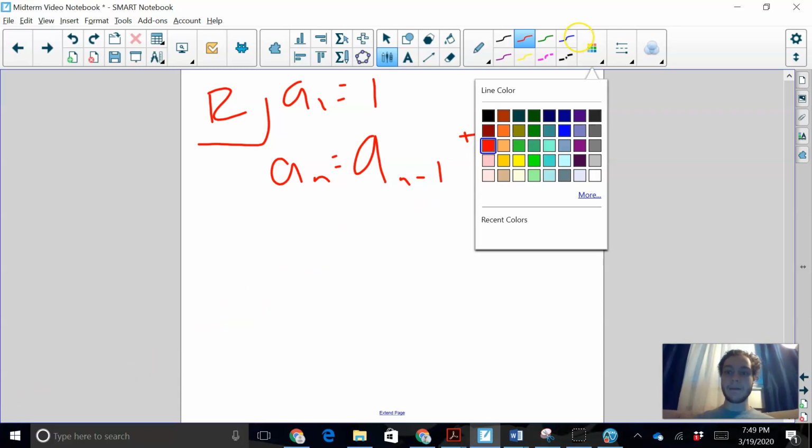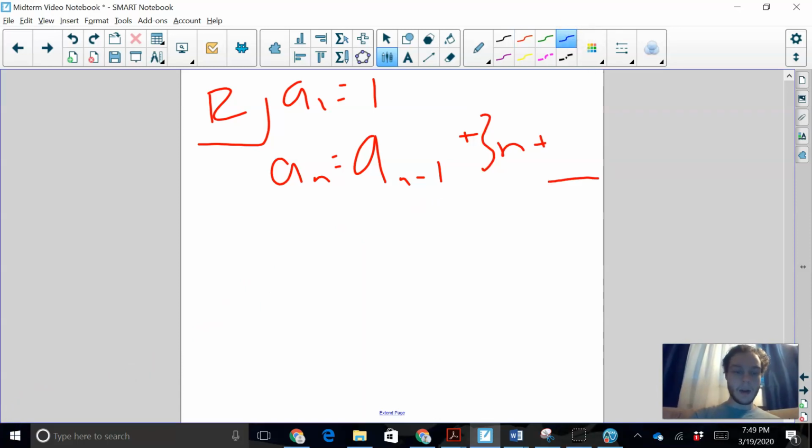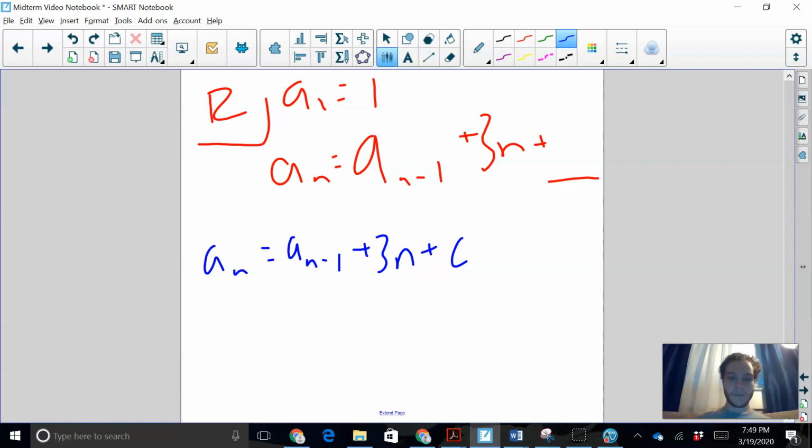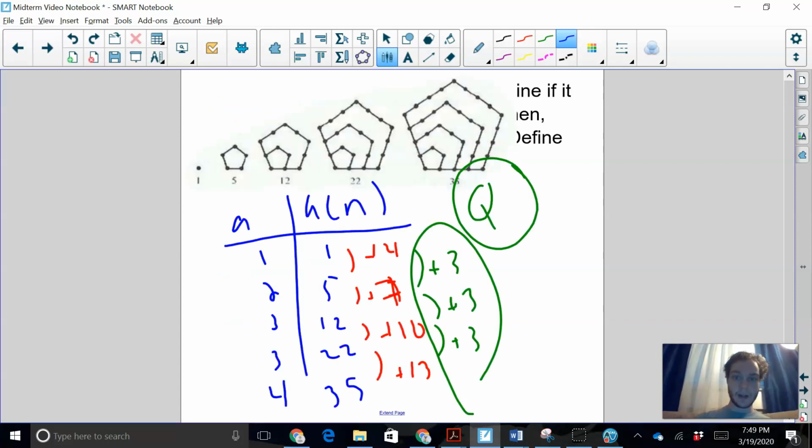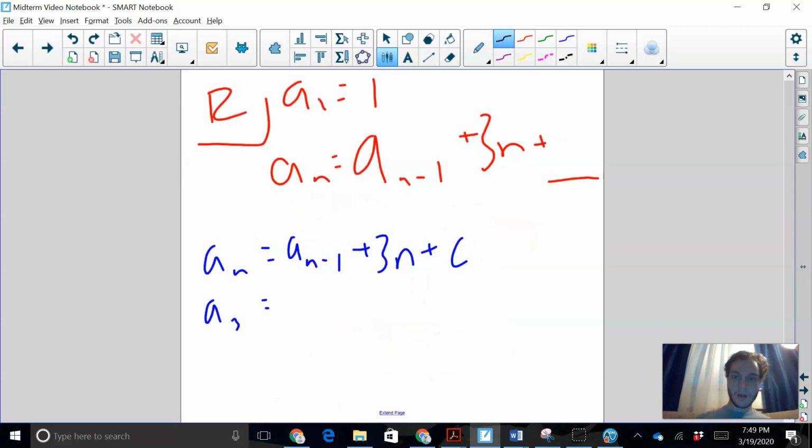Now, the easiest way I found is that we know a sub n equals a sub n minus 1 plus 3n plus some constant c. So that's like a sub 3, the third term in the sequence, which if you look at our table here would be 12. We know that this is going to be equal to a sub 3 minus 1 plus 3 times 3 plus c.